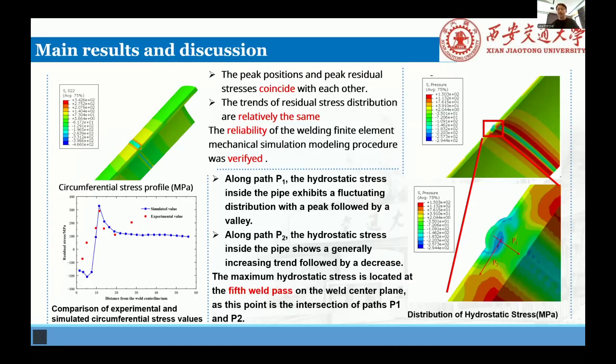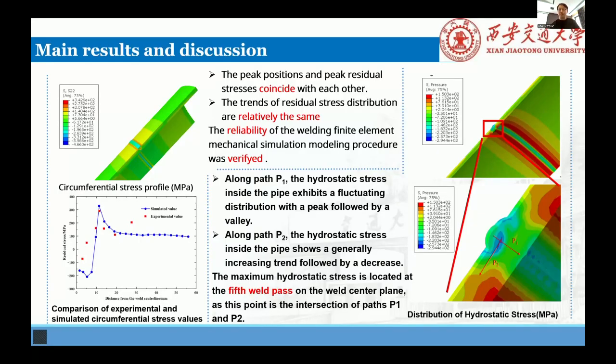We then analyze the hydrostatic stress along two characteristic paths, P1 and P2. Along path P1, which goes through the thickness of the pipe, the hydrostatic stress exhibits a fluctuating distribution with a peak followed by a valley. Along path P2, which follows the weld direction, the hydrostatic stress generally increases and then decreases.